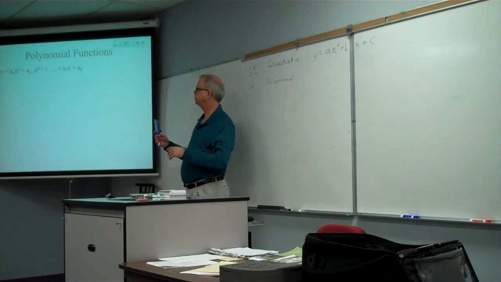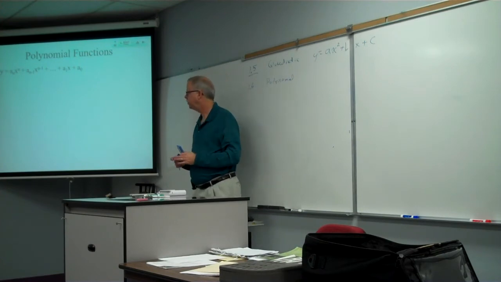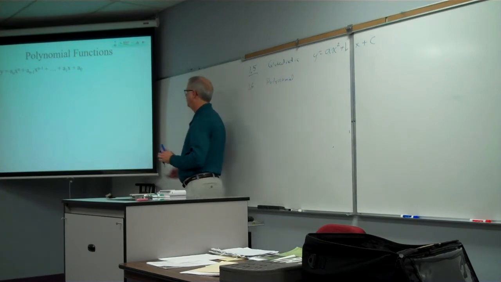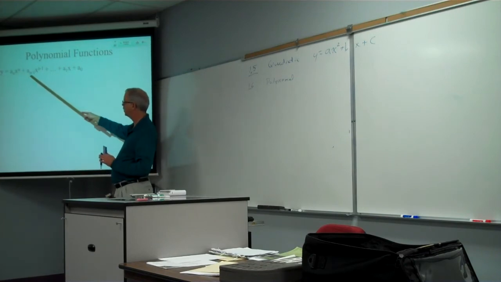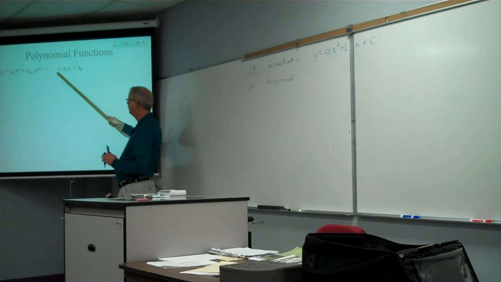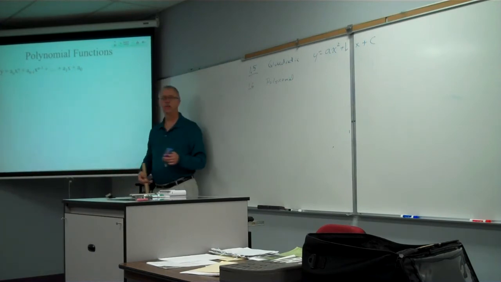As we first describe it, it looks very much like a jumble of letters. Essentially all we're saying is we've got some number times x to the n plus some other number times x to the n minus 1, on down. So we have integer powers of x, and typically they're bigger than 2.